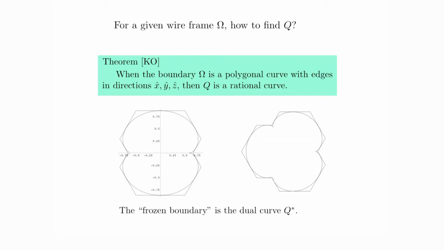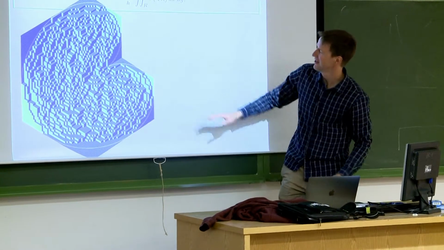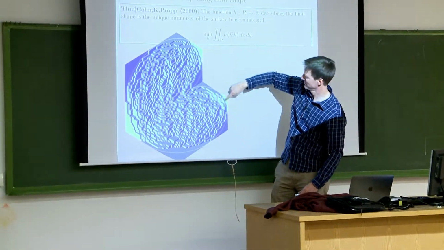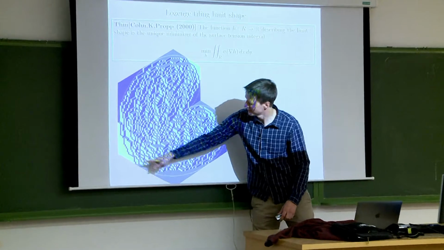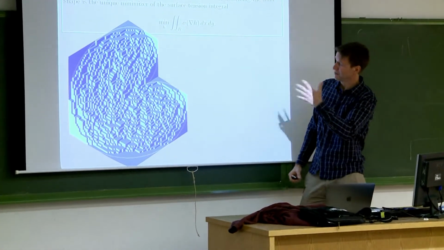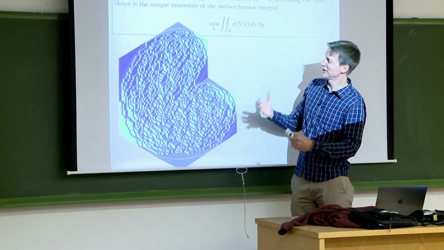In fact, on the very first slide, I'm going to go back here. See, for this particular shape, see that curve there? Turns out that, like in the three-dimensional partition, the limit shape here is piecewise analytic.